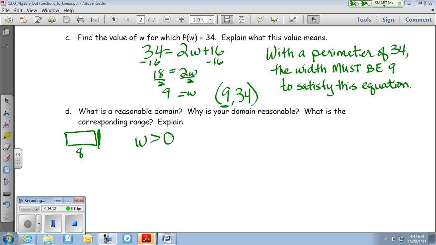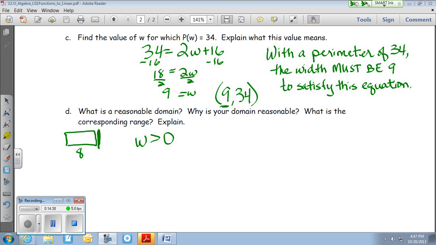We knew this was 8, but there had to be some kind of dimension here, and it can't be 0, otherwise that's a line, not a rectangle. So it's not going to be equal to 0, but it is going to be everything greater than 0. Even if it's just a minute amount greater than 0, it's going to make a tiny, tiny rectangle. But that's okay. So our domain would be everything greater than 0, not including 0.